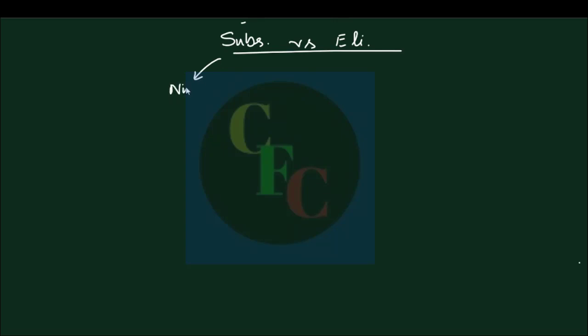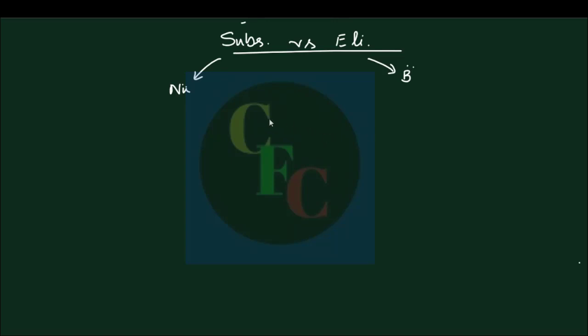Now as we have seen, substitution reactions always compete with elimination, right? The main reason for this is that a base is always a potential nucleophile, and a nucleophile can always act as a potential base, because the reactive part for both the nucleophile and the base is the unshared pair of electrons, right? So if it acts as a nucleophile, then we get a substitution reaction, and if it acts as a base, then we get an elimination reaction.